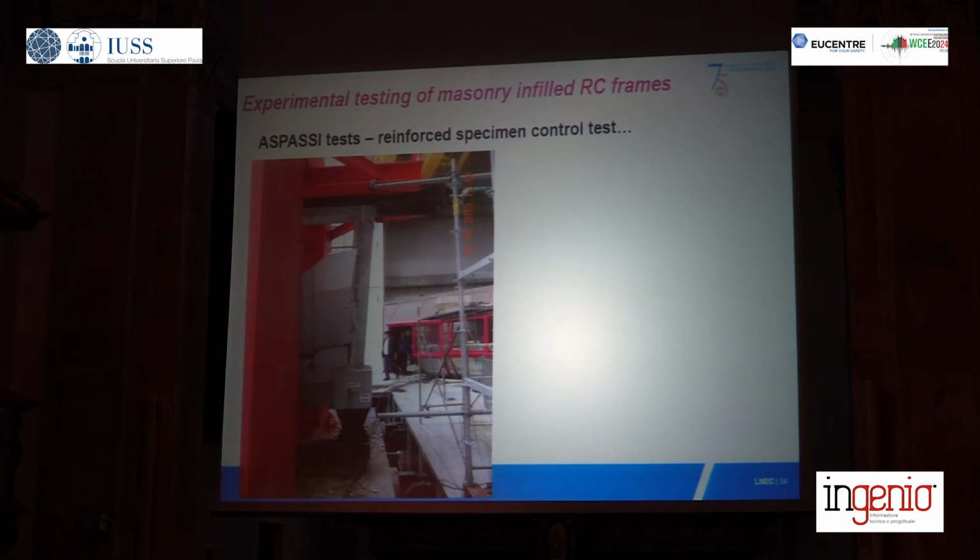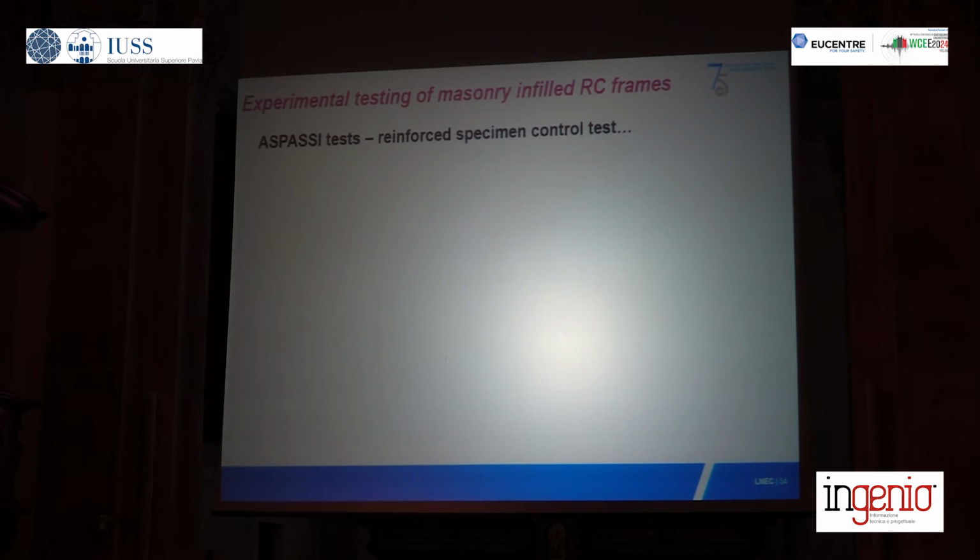Now, for the reinforced specimen, we started, okay, let's try to innovate here a little bit, and so let's do some different control. So looking towards going into hybrid simulation tests with this type of structures, which would be very interesting to achieve. So we were trying to control the motion of the shake table, not by using the normal control that we have at the shake table, but by using directly the deformation of the specimen.